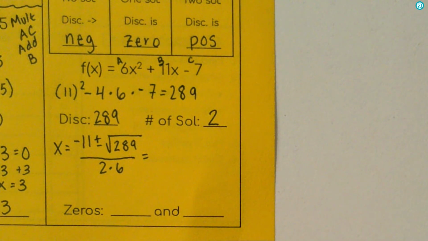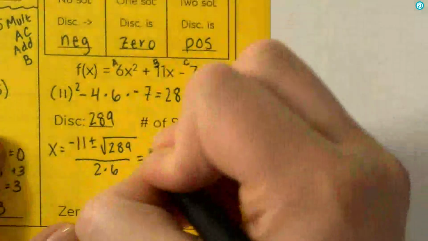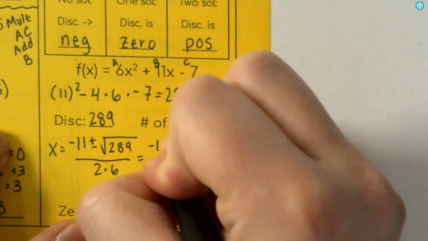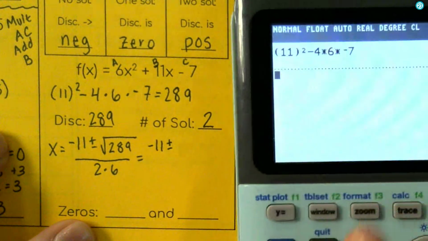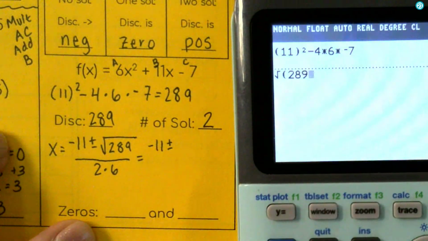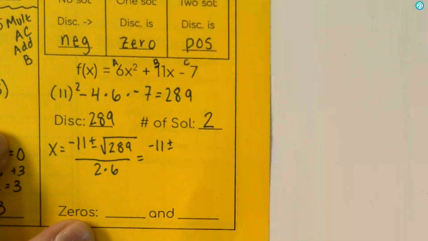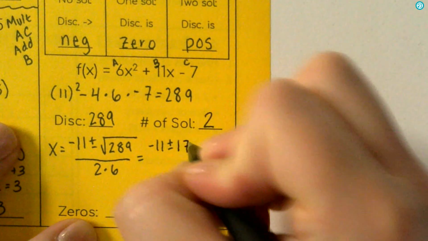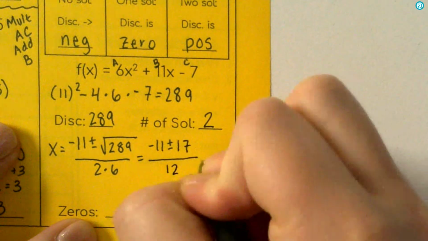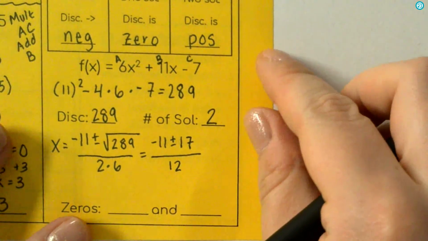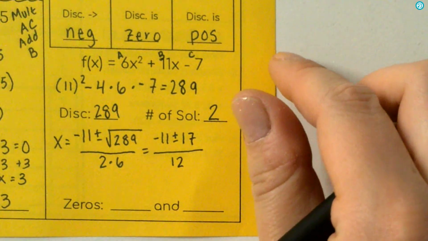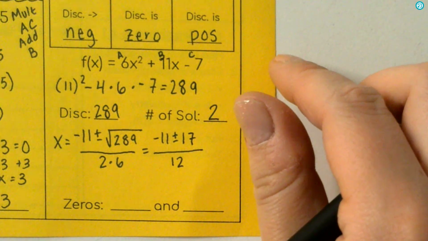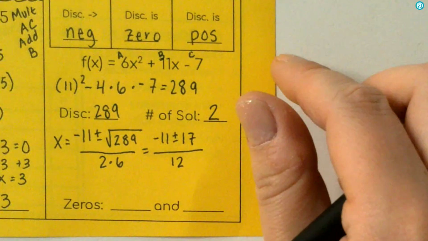Then we can take the square root of 289. So now we have -11 plus or minus the square root of 289. The square root of 289 is 17. And then 2 times 6 on the bottom is 12. Any questions there?